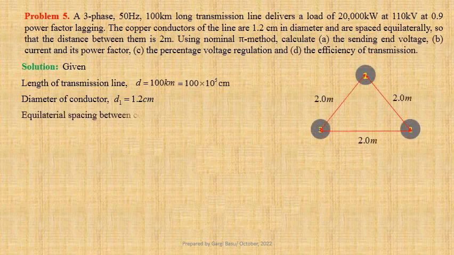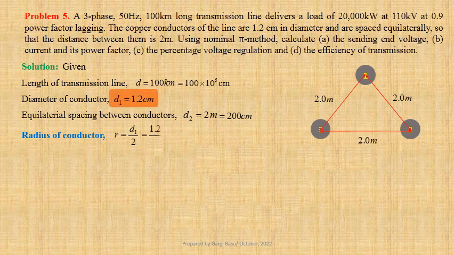Equilateral spacing between conductors D2 equals 2 meters, that is 200 centimeters. Let us now calculate radius of the conductor. R equals D1 by 2, that is 1.2 divided by 2, which gives us 0.6 centimeter.